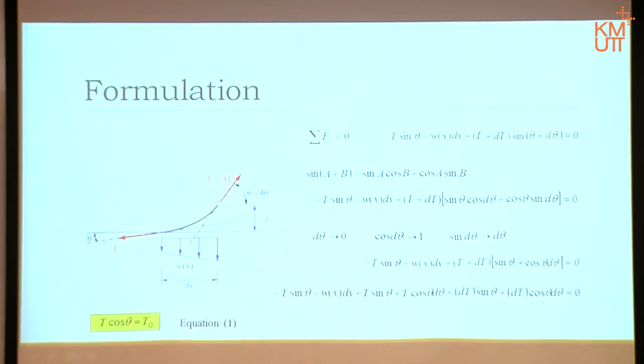Then again we have repeating. We have minus t psi, we have plus t psi, cancel out. That one stays, that one stays, that one dt times d theta. dt is small, d theta is small, negligible when you multiply them. Therefore we are left with 3 terms only.